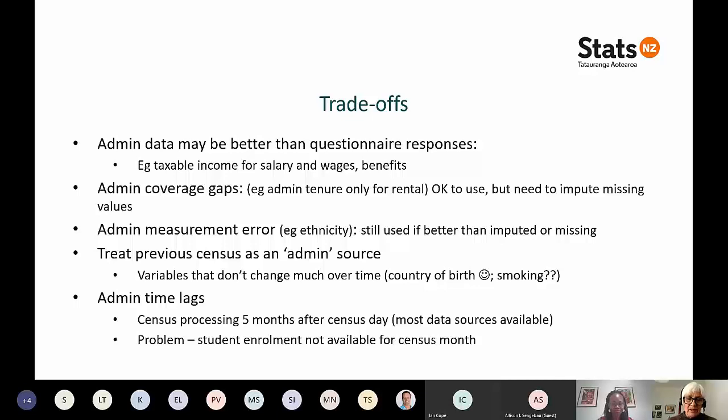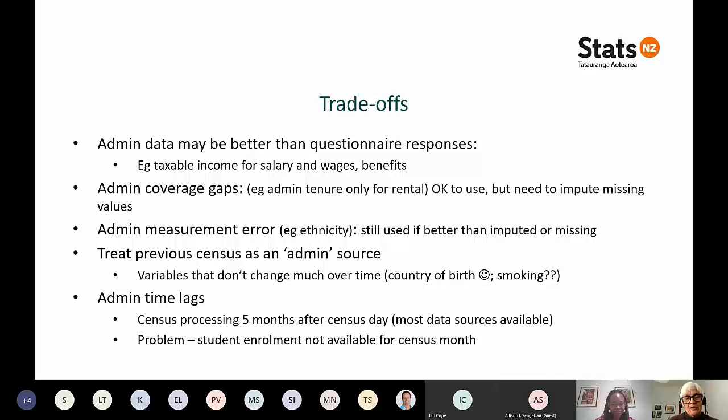Or it's not too bad really, but we could expect that the taxable income for salary and wages would be better, and particularly it's very obvious that people don't answer very well about what their benefit income is, and the administrative data is better for that.